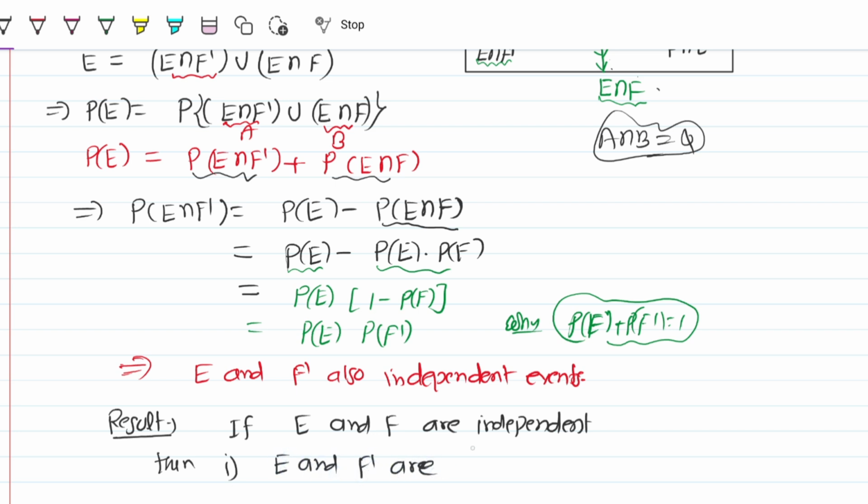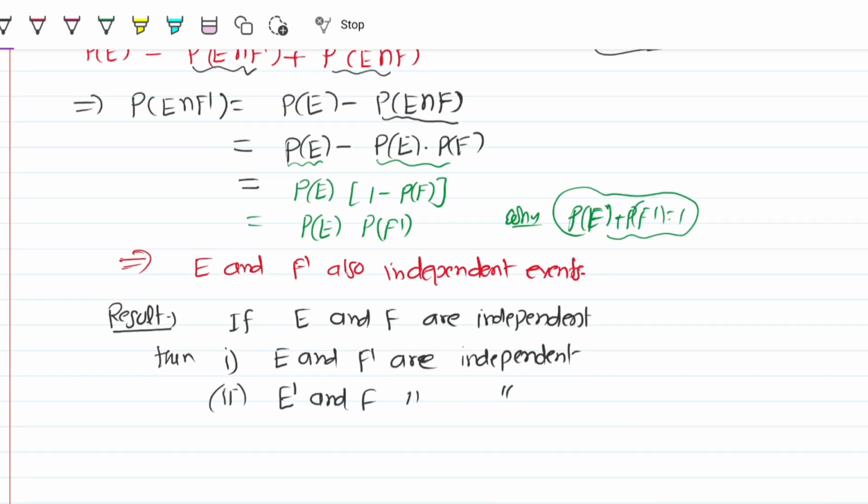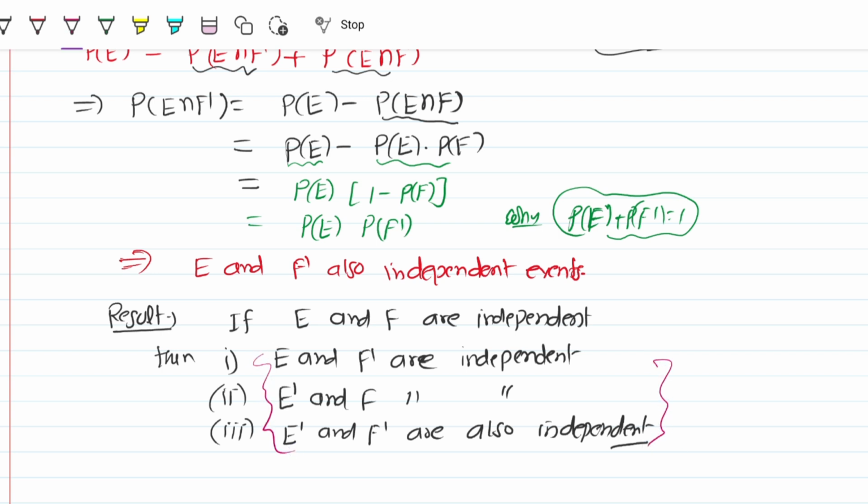Also, E dash and F are independent, this is also correct. Third point, E dash and F dash are also independent. So these results you should remember. These are important to solve numerical questions. Thank you.